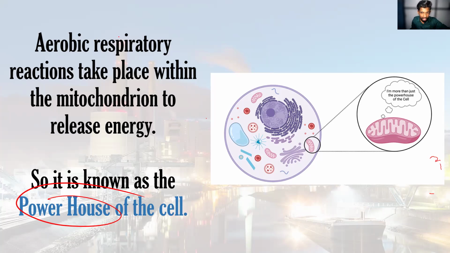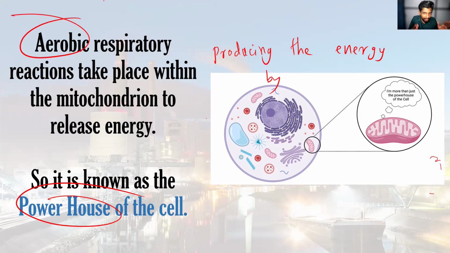So when you're writing the exam, it is better to write: producing the energy by aerobic respiration. In the exam, they may ask like this: producing the energy, same mitochondria. Or they may ask: aerobic respiration. Both functions, aerobic respiration and producing the energy, are conducted by the mitochondria, right?